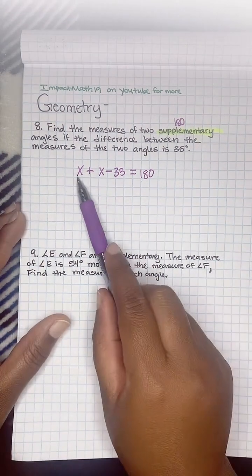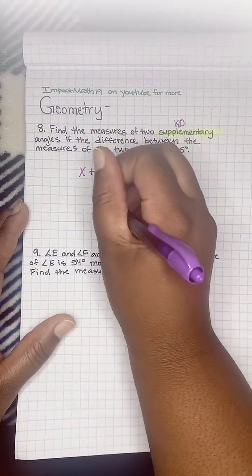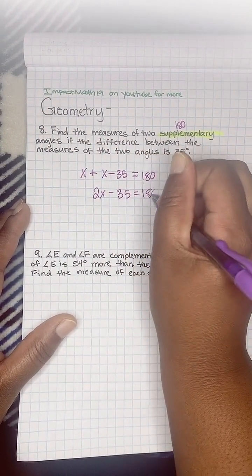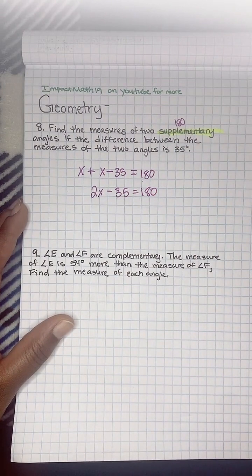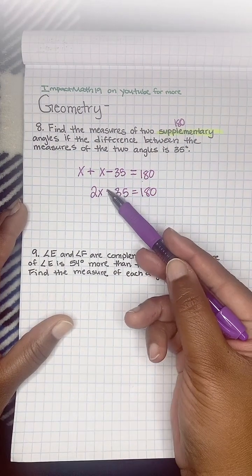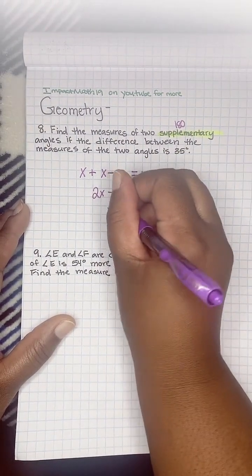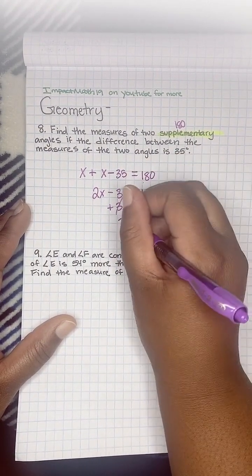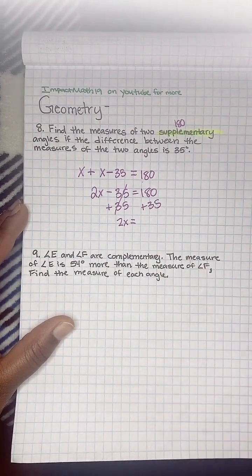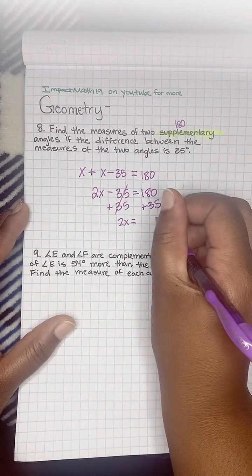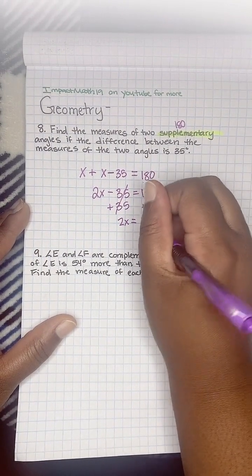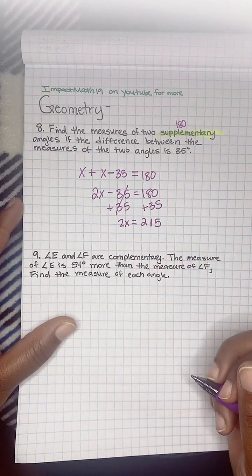Okay, so now X plus X, we're going to get 2X minus 35 equals 180. Then I want to do the opposite of this, so I'm going to add 35 to both sides. And we're going to get 2X equals 215.